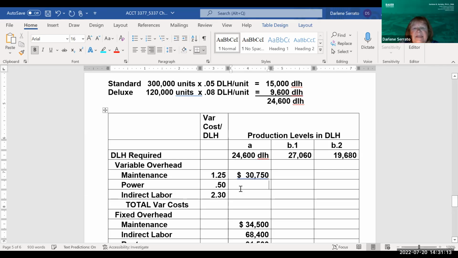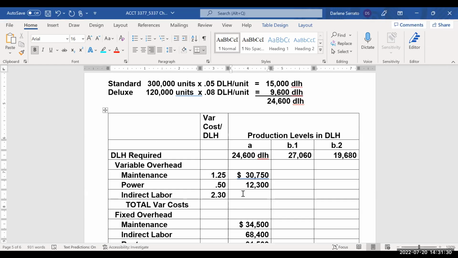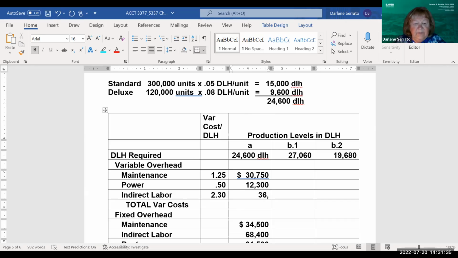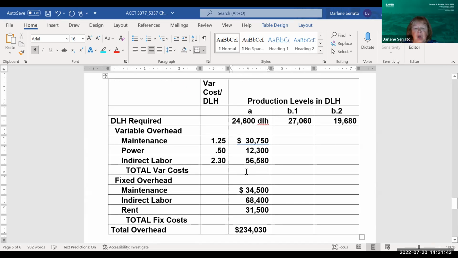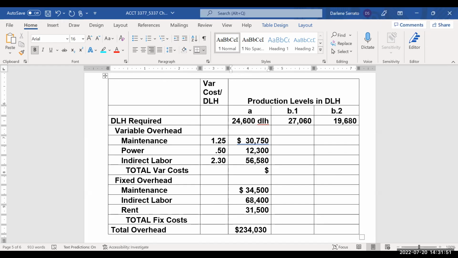Okay, 50 cents, 12,300. $2.30, $56,580. So total variable costs are $99,630.